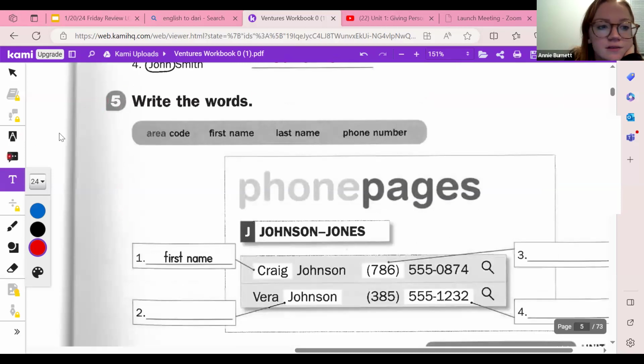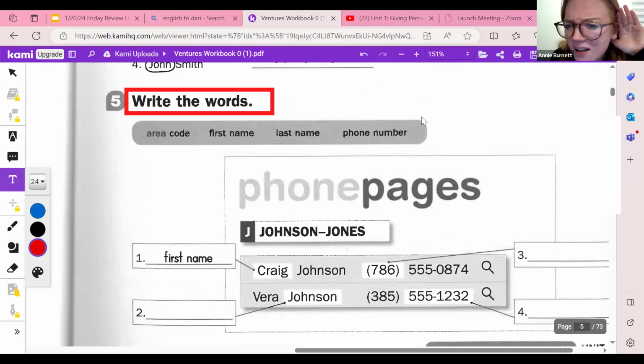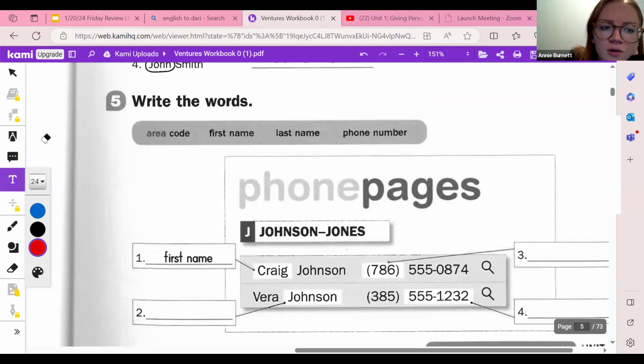Exercise 5. What does this say? Write the words. So what is this word? Area code. This word? First name. What is this word? Last name. What is this word?